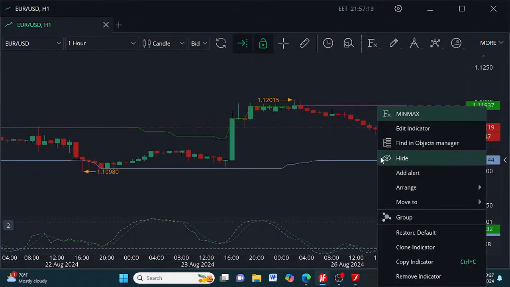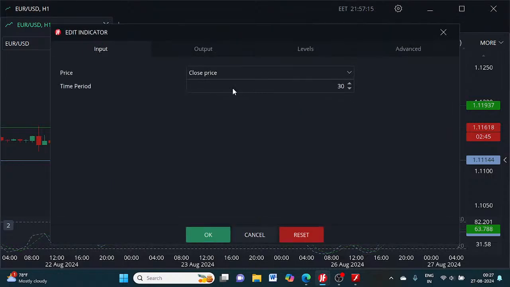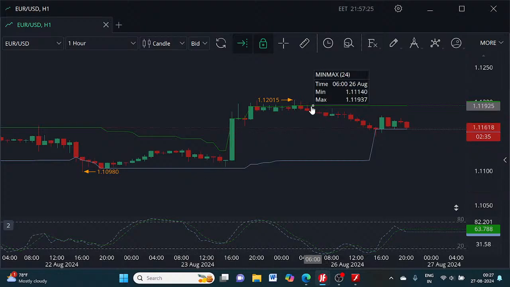Let us go with a simple 24 hours, that is to represent price formation of a full day. Okay, we will compare the current closing price of the min-max, whether it is high, whether it is low, with the high and low 24 hours back. We will get that comparative analysis.